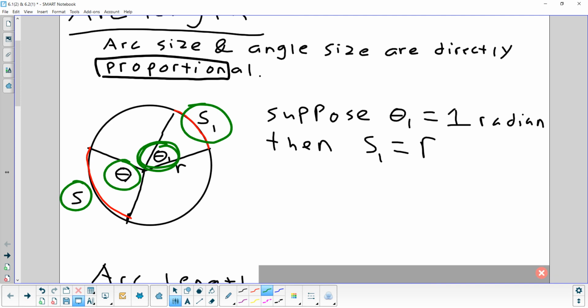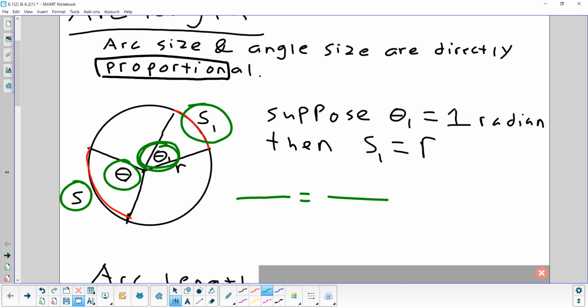Let's use that fact just like we would use the 1 foot 12 inches to set up a proportion. Right? You have 4 things, they're all circled in green. That's what's going to be plugged into the proportion. You can set it up lots of different ways as long as you are consistent.